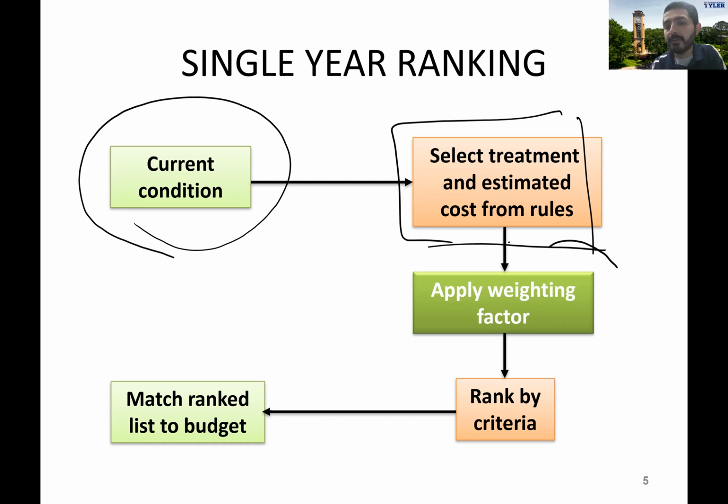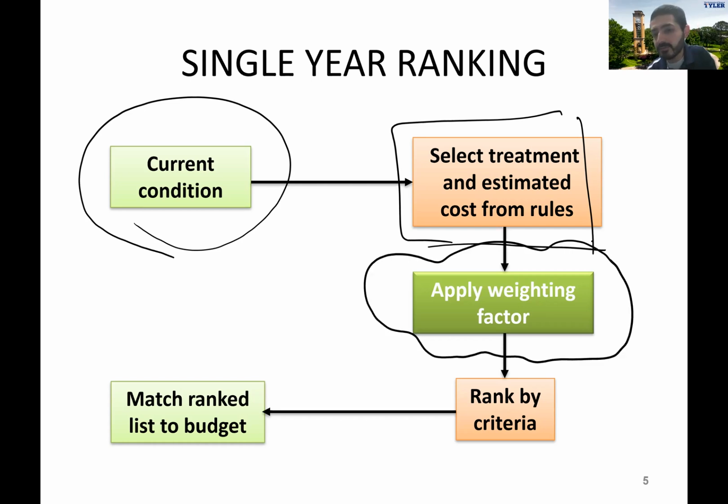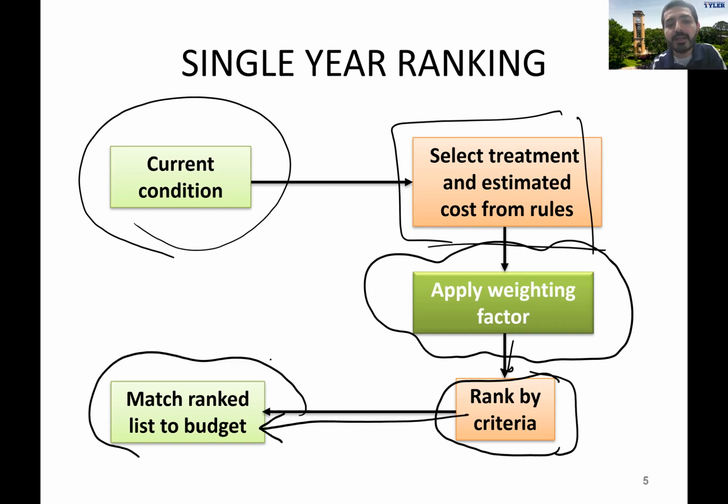Then you apply what we call weighting factors. Those give us an idea of how we are going to rank them based on either the condition of the pavement or the traffic, or a combination of the two, as well as the cost. Eventually we rank by certain criteria, and then we match the ranked list to the budget that's available to us.